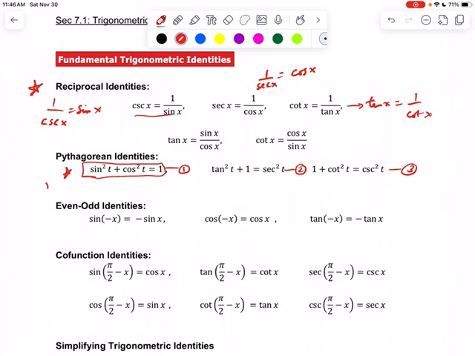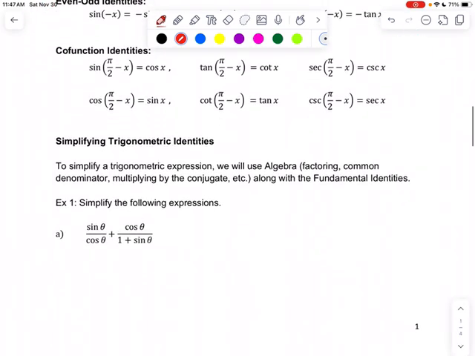Now if I divide identity 1 by cosine square t, what will I get?